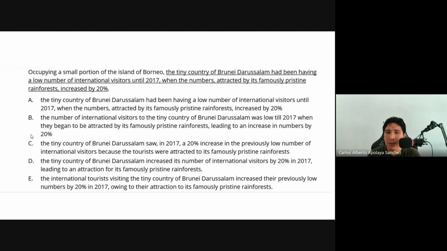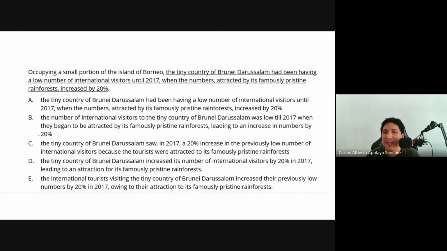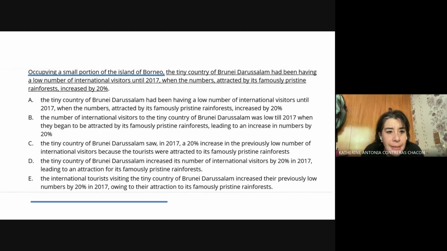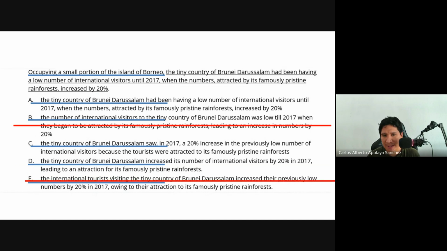Are you sure? No, the tiny country. Yes, the tiny country is occupying a small portion of the island of Borneo. So we drop letter B, and just letter E because it's an international tourist. Yes. Now let's continue.